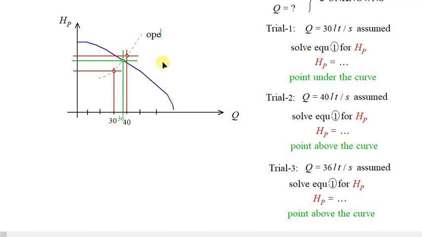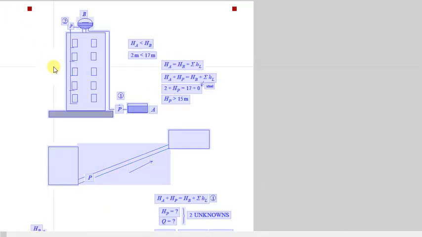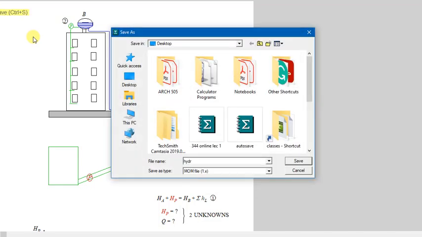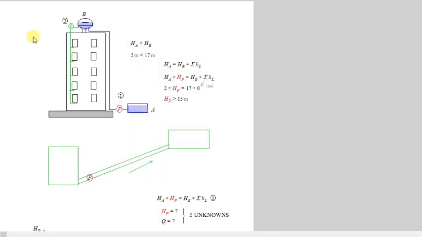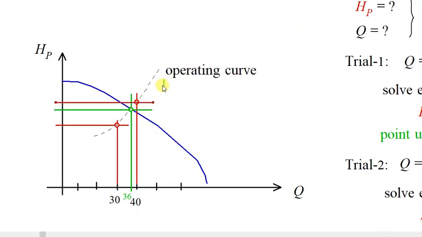Operating curve, which is the Bernoulli equation curve, to be honest. Okay, so we call it operating curve.